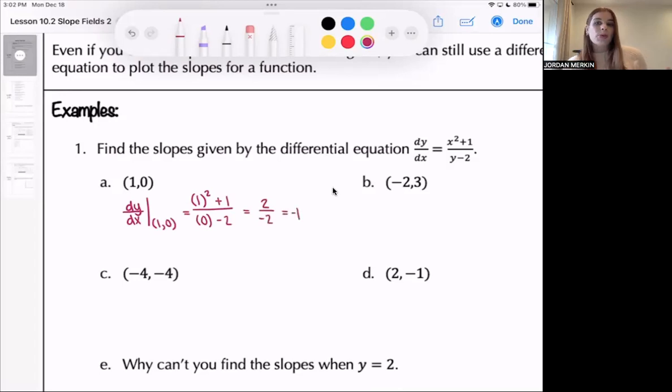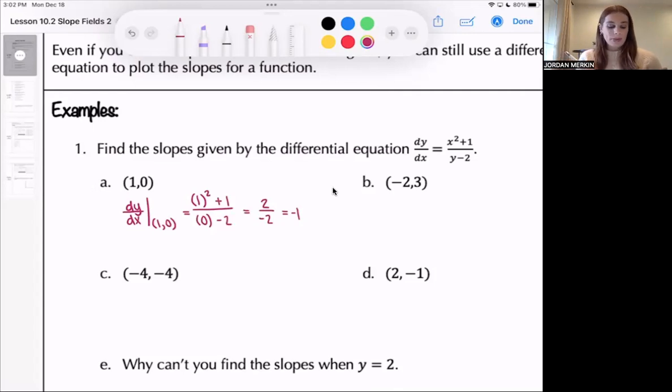So the slope represented by the differential equation at the point (1, 0) is negative 1. Think about the fact that it has a negative slope there, so it is decreasing.